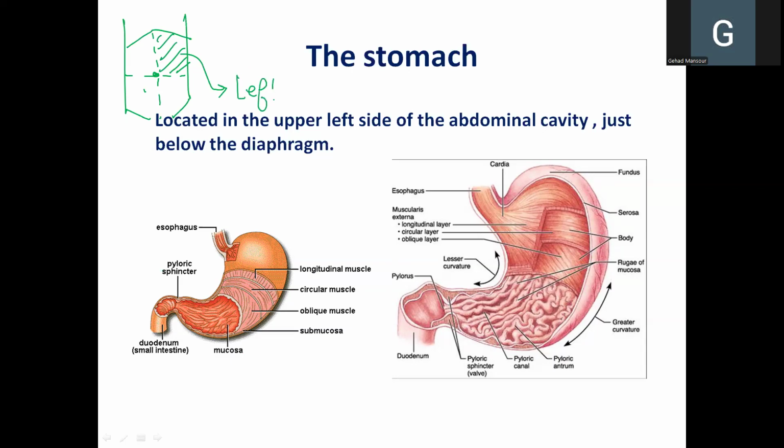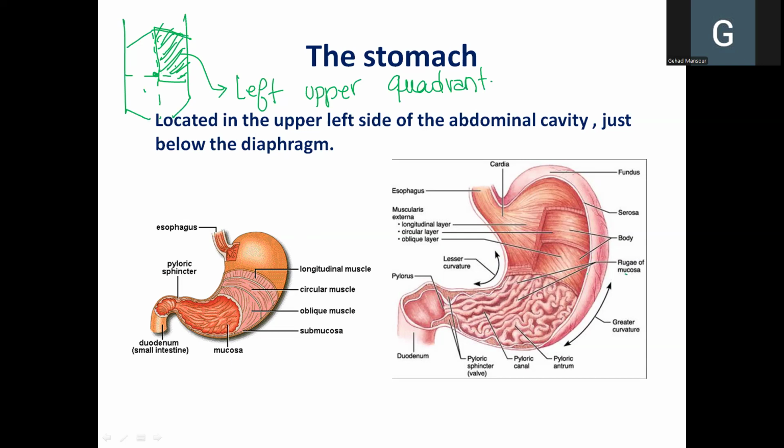So this would be the left upper quadrant, as we saw on the 3D model, and the left upper quadrant is here. So the left upper quadrant is the place where the stomach is present in the abdominal cavity.